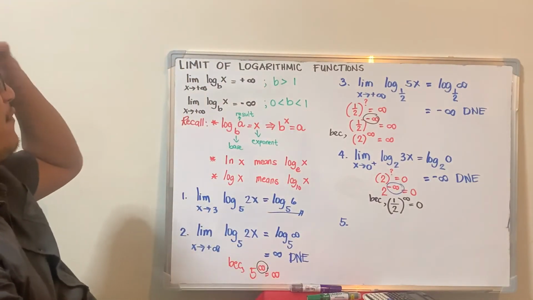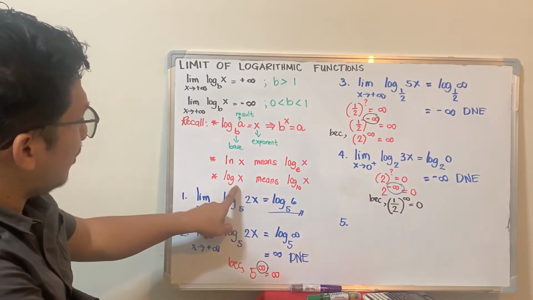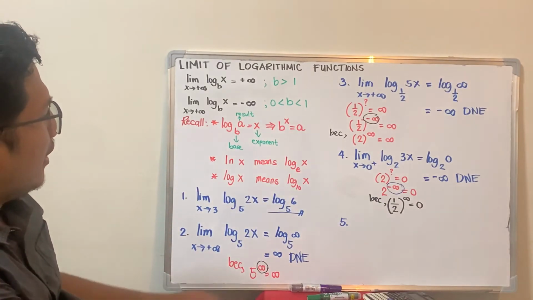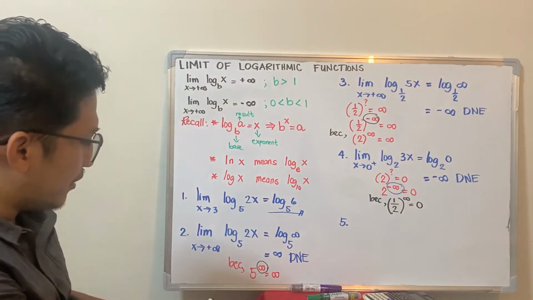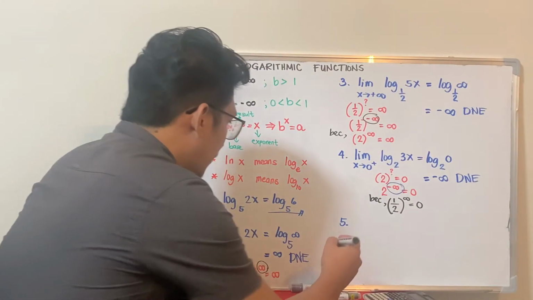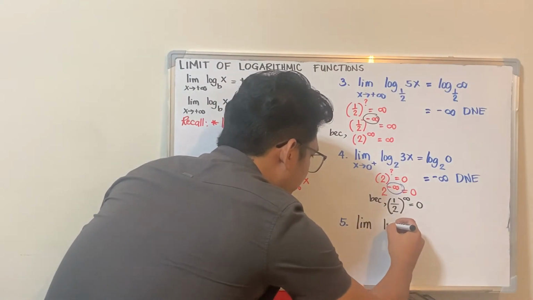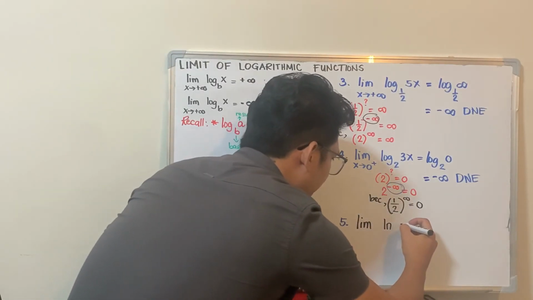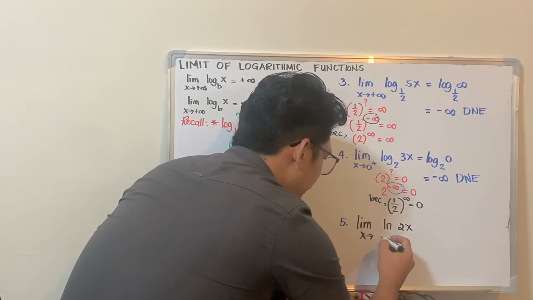Okay? Then let's have number 5. Let's talk about the natural logarithm. It's basically the same, except remember that 10 is the base if it is not specified. So for the natural logarithm here, what is the limit of ln of 2x as x approaches infinity?